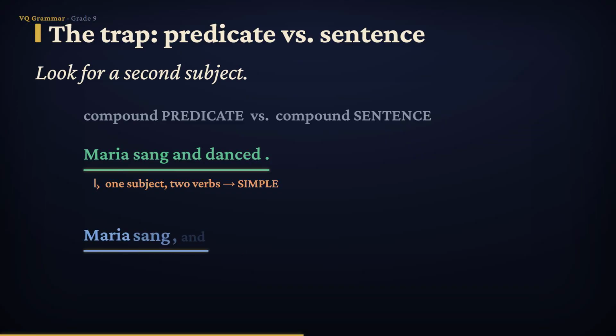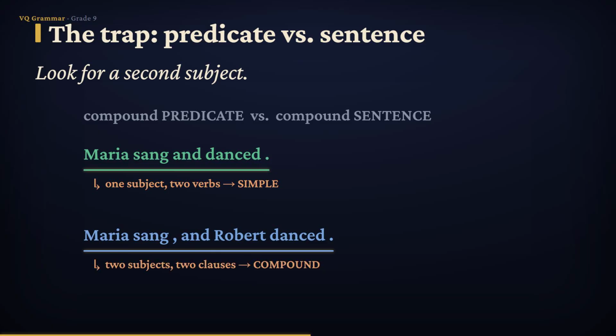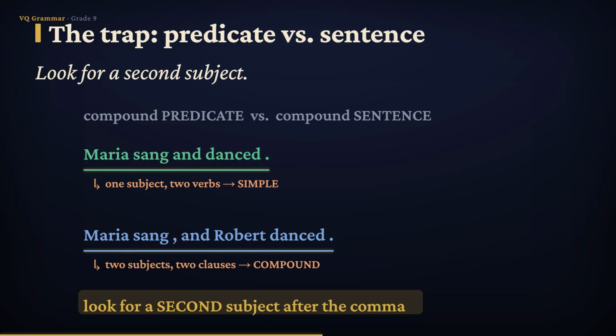Now look, Maria sang, and Robert danced. This time there are two subjects, Maria and Robert, and two full clauses. That's a compound sentence. The tell is simple. Look for a second subject after the comma. If a brand new subject shows up, you've got a compound sentence.